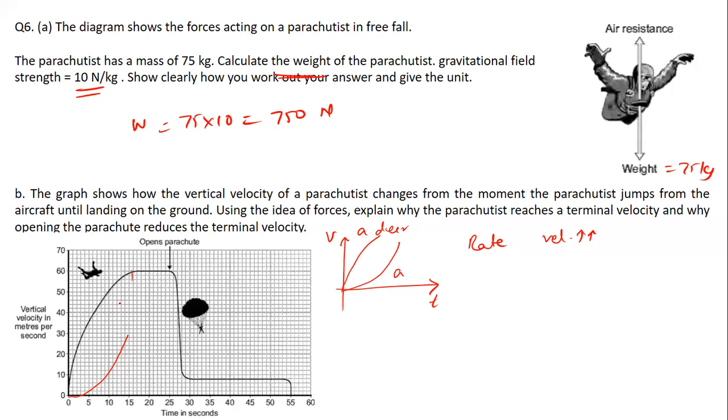It flattens because the parachutist reaches terminal velocity. Yeah. Therefore he reaches a terminal velocity somewhere over here, from here to this point when he opens the parachute. So what is the duration of his terminal velocity?